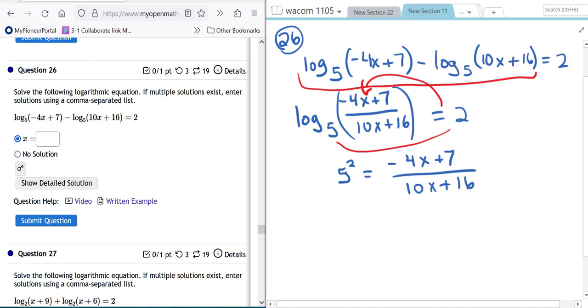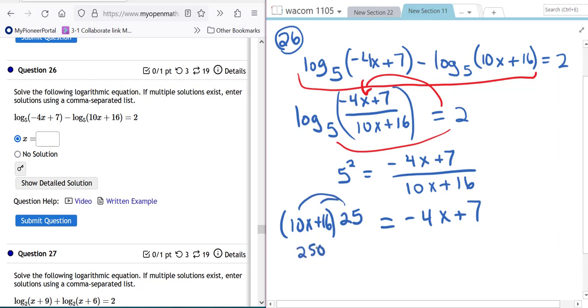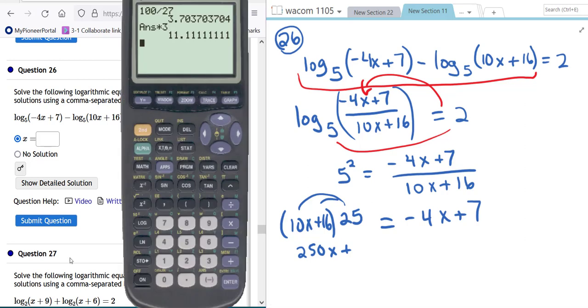So this is a 25, and you're going to multiply on both sides by 10x plus 16. And on this side it will cancel. Clearing a fraction. All right, and so this gives me 250x plus, this seems really big, but we'll see.